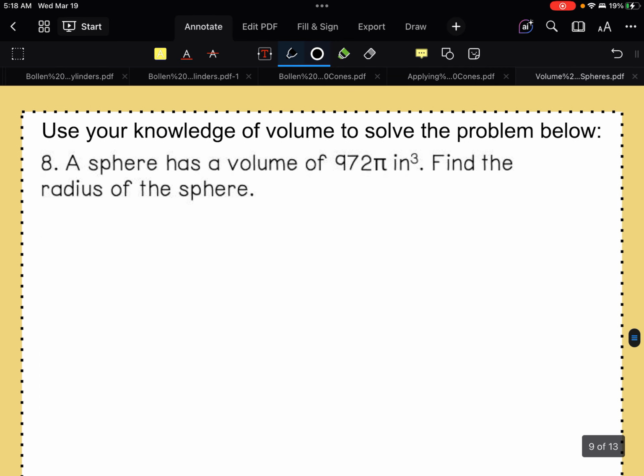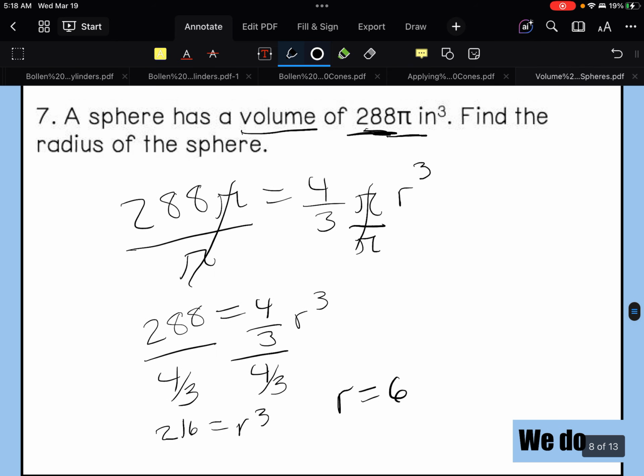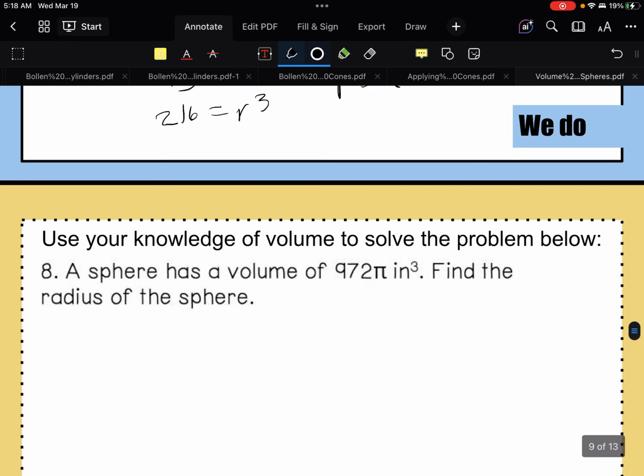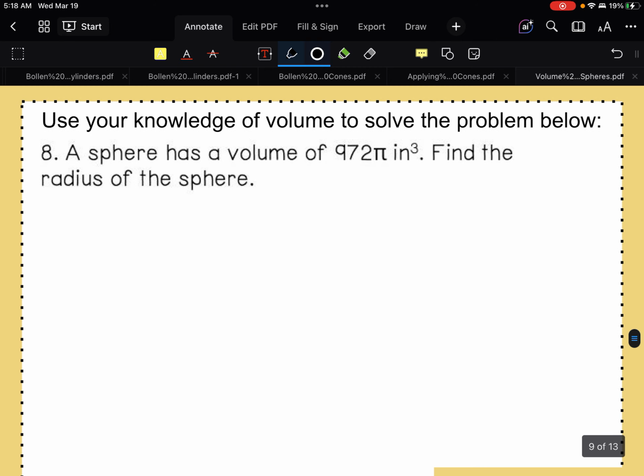I'm going to let you pause to catch up on that. Here we have another question that's very similar. The volume of the sphere is 972 pi. Find the radius of the sphere. So 972 pi equals 4/3 pi r cubed.